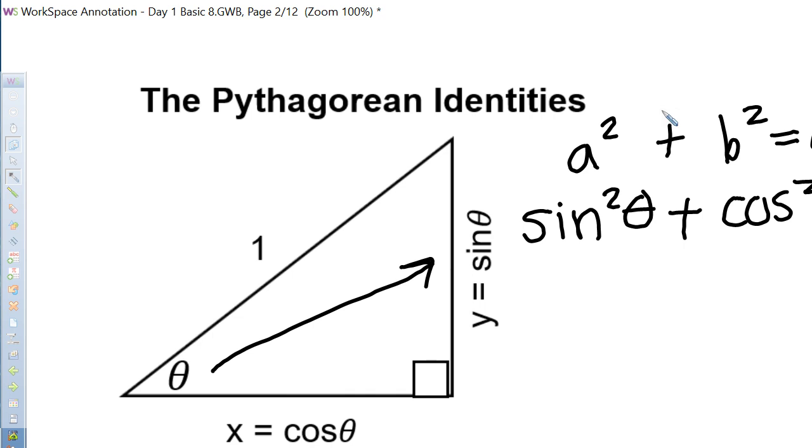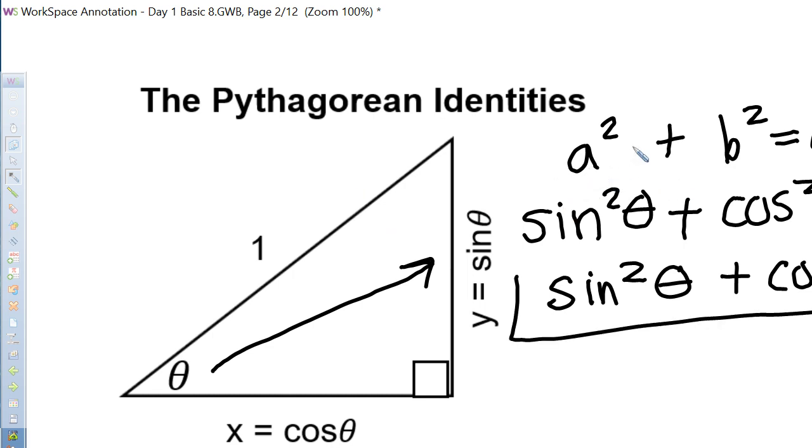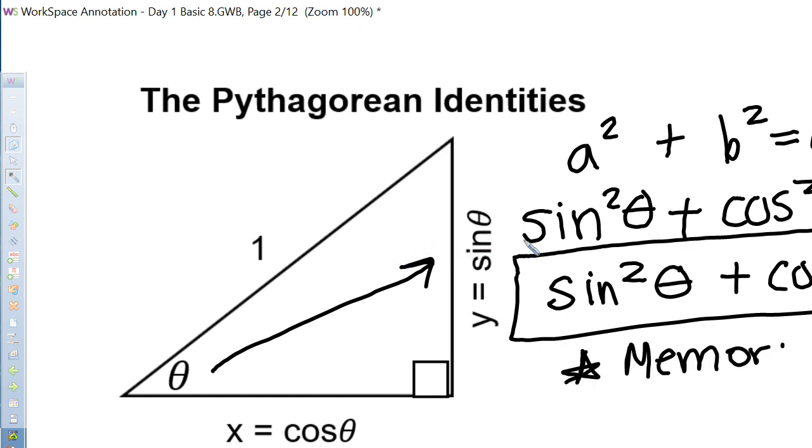And what is 1 squared? 1. So that Pythagorean identity is just sine squared of theta plus cosine squared of theta is equal to 1. You need to memorize that. Sine squared plus cosine squared equals 1.